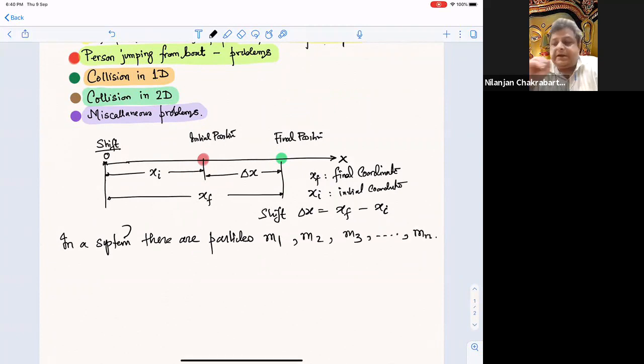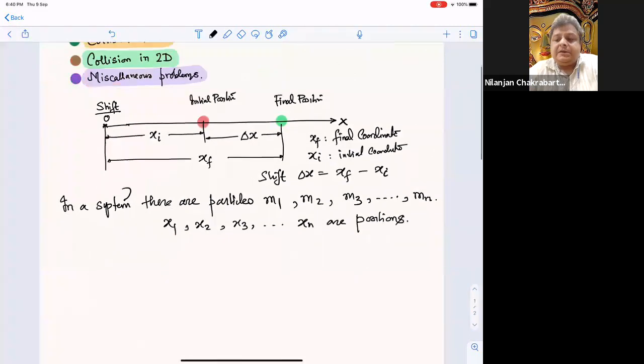That means n particle system. Now suppose x1, x2, x3 up to xn are the respective positions of these particles.